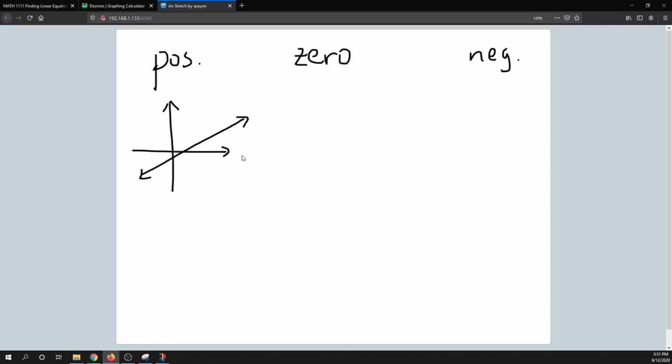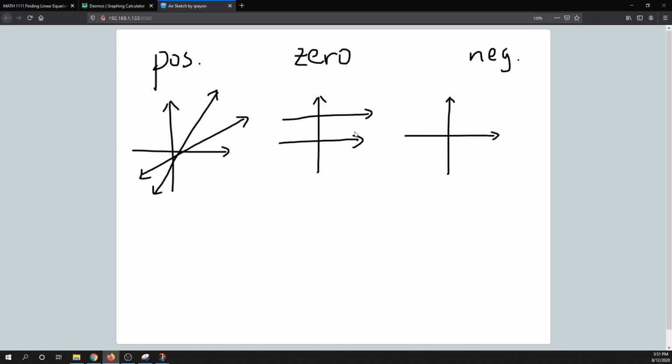And the bigger that positive number is, the steeper the slope of the line is. If the slope of the line is 0, that means it's going to be a perfectly horizontal line like this. That's slope 0. And if the slope is a negative number, that means that the line is going to be going down as you go from left to right. So the slope of a line can tell us quite a bit about the way the line looks.